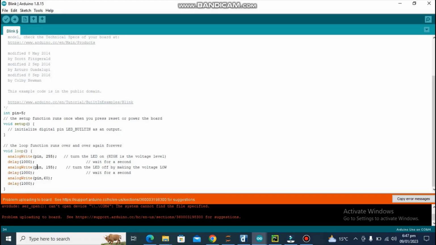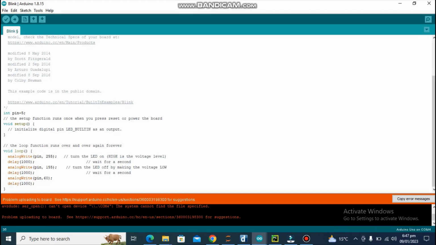Now what happens after 1 second? The pulse width modulation, which was previously 255, now it becomes 155. Now, due to this, the output voltage of pin number 5 will decrease, and this decreased voltage will remain present on the pin number 5 for again 1 second.